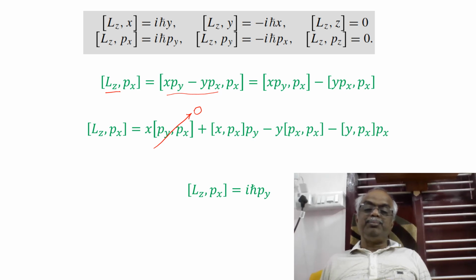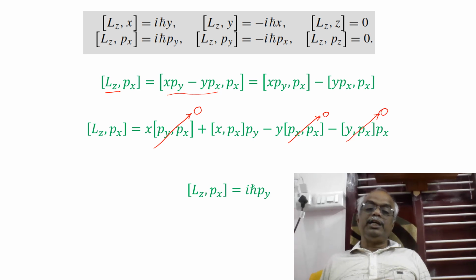You can see px will commute with px. This will become zero. The last one, y will commute with the x component of momentum because you can measure both independently. This y component will not affect the x component of momentum. So this is also zero.